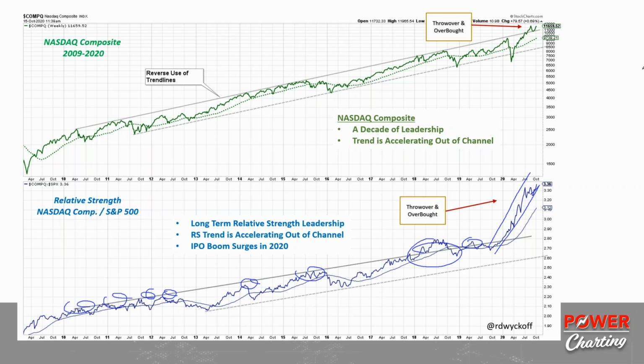But notice the relative strength. In 2020, the relative strength of the Nasdaq just went crazy. After a steady outperformance for, call it, nine years, all of a sudden the Nasdaq goes into this hyper rally state, and that hyper rally state is what created the conditions where Wall Street could issue these IPOs and get top prices for them.